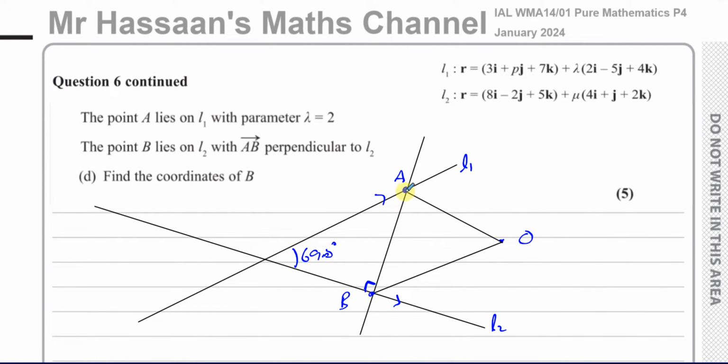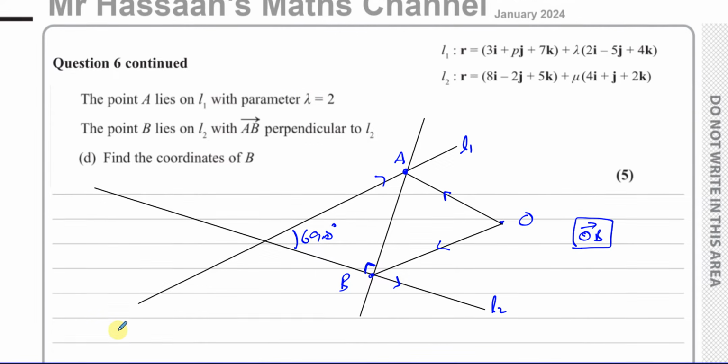So what do we know? We have to find OB. That's our goal, to find the vector OB. Now, the vector from O to A we can find. How? Because I know that A lies on line 1 with parameter lambda equals 2.